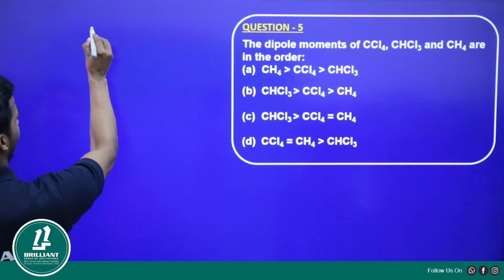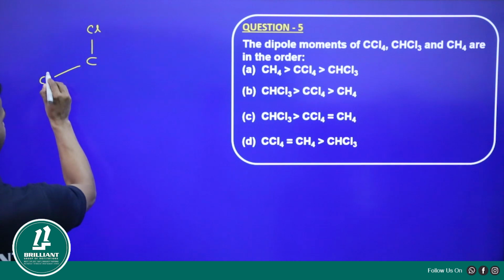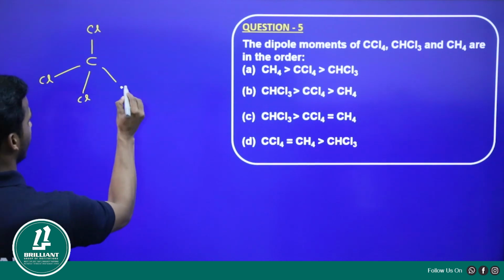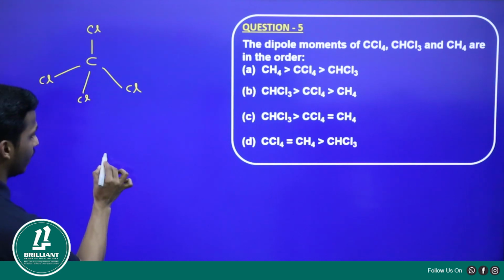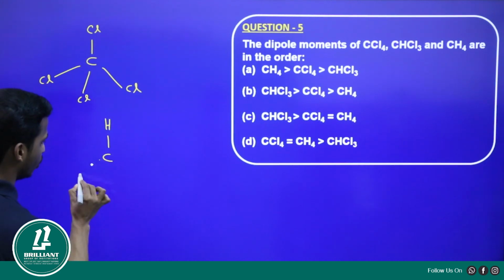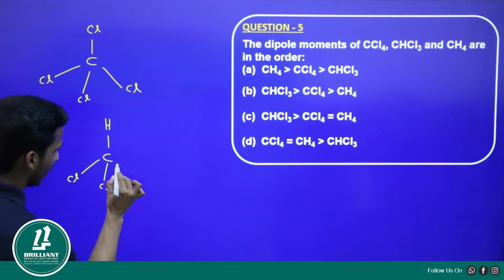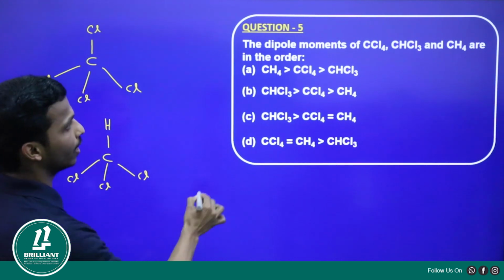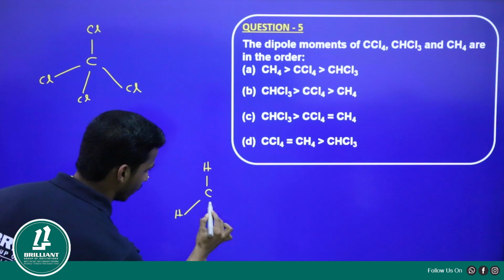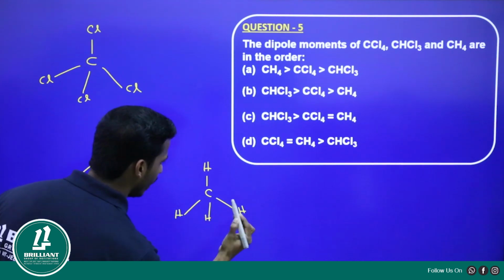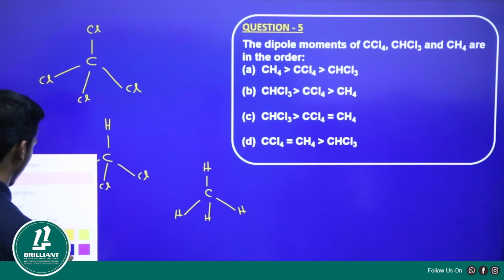Carbon tetrachloride, what is their structure? Tetrahedral in geometry, right? What about CHCl3? That's also tetrahedral in geometry. Let's go with CH4. That is also tetrahedral in geometry. Now let's find out its dipole moment.